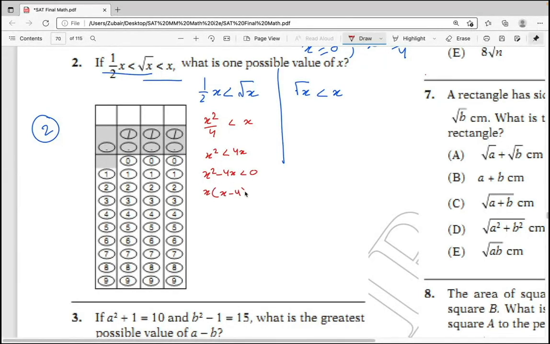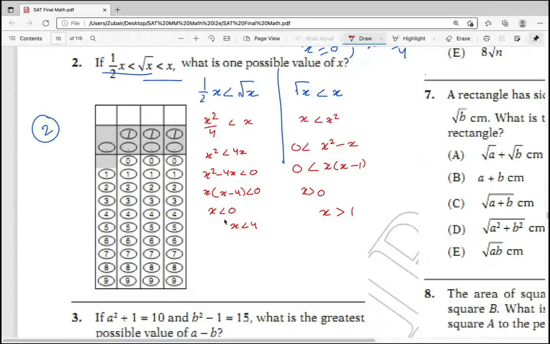This is x times x minus 4 less than 0. So x is greater than 0 and x is less than 4. Now on the other side, squaring both sides again, x is less than x square, or rearranged, x square minus x is greater than 0, taking out x common, x times x minus 1, so x is greater than 1.